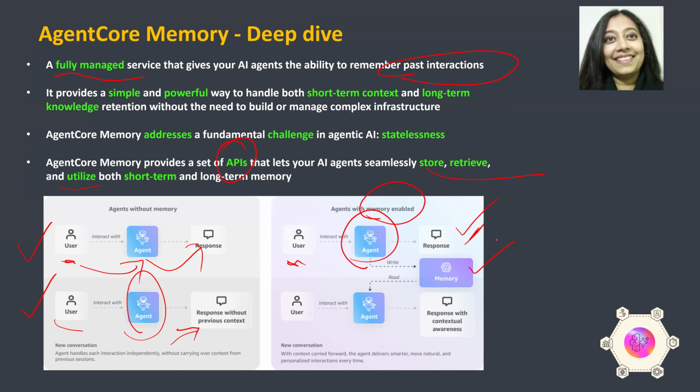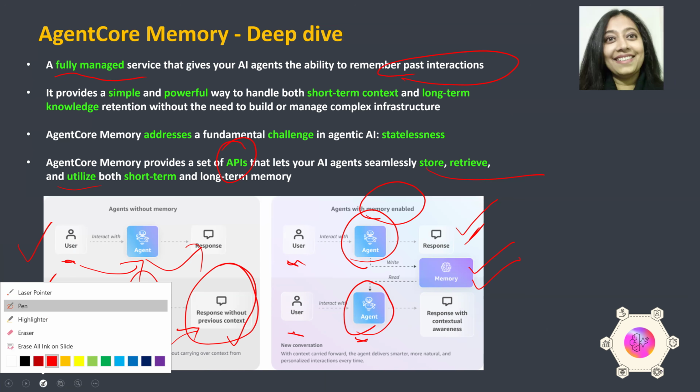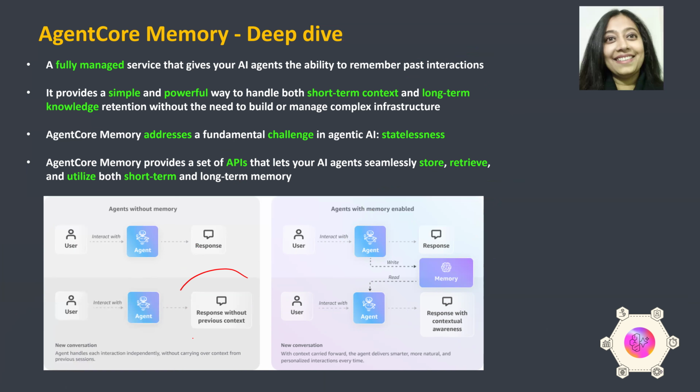When this user interaction happens again, the user again reaches out to the agent, but this time around, the agent will read the memory first and then send the response out. The difference between the second interaction without memory and with memory is that with memory, the response that is sent out is contextually aware. That is the key difference.